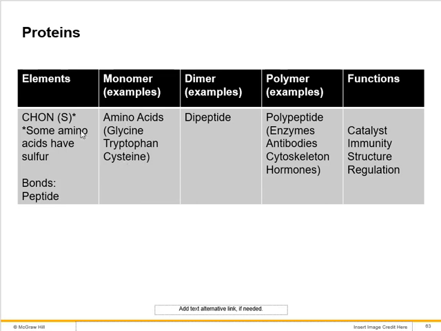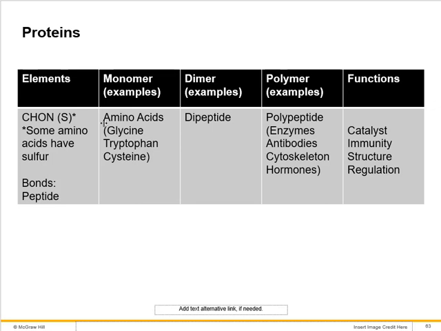The monomer, the bond, before we start with that, the bond for proteins is called a peptide bond, and it's formed between amino acids to make a dipeptide. Some examples of amino acids are glycine, tryptophan, and cysteine. So a basic structure, we'll look at that on the PowerPoint here in just a minute, has an amine group and an acid group.